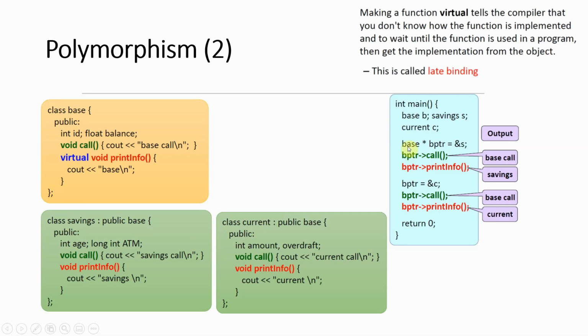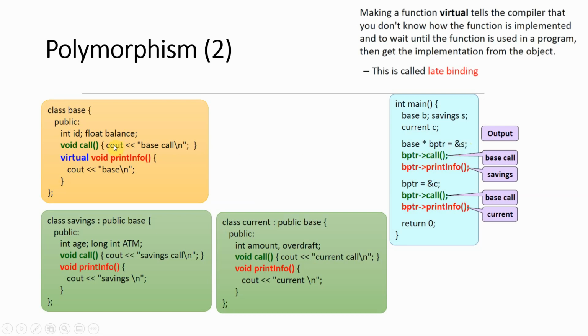Now, if BPTR is a pointer of type base star, pointing to a savings object, so if BPTR holds the address of an object of class savings, and I say BPTR arrow call, because this is not virtual, this is going to be early binding. It doesn't matter that it's pointing to an object of class savings.